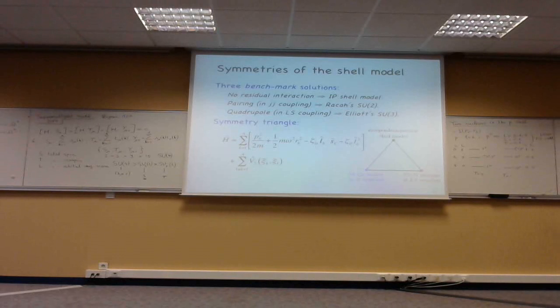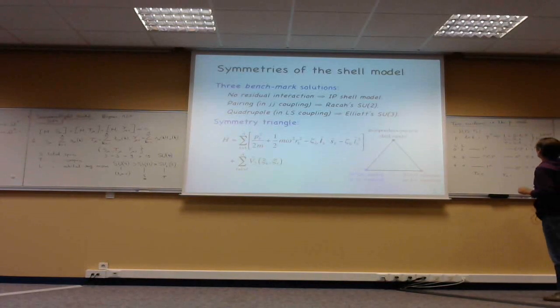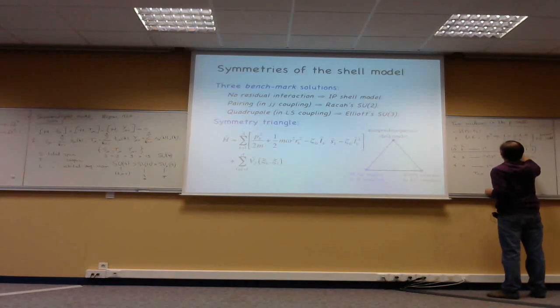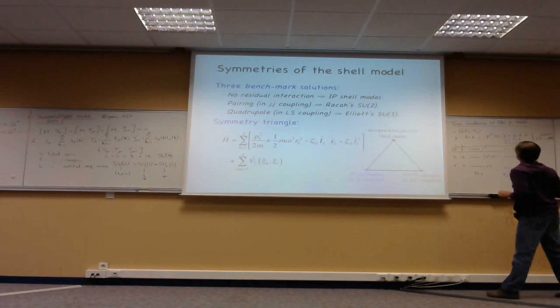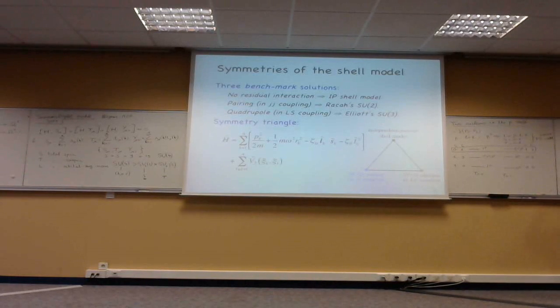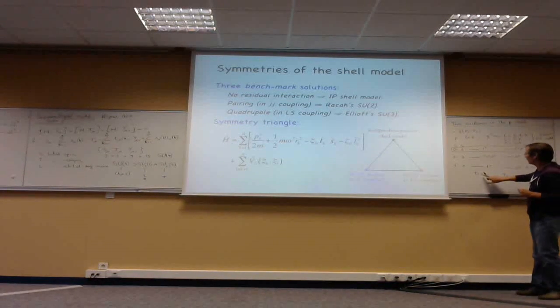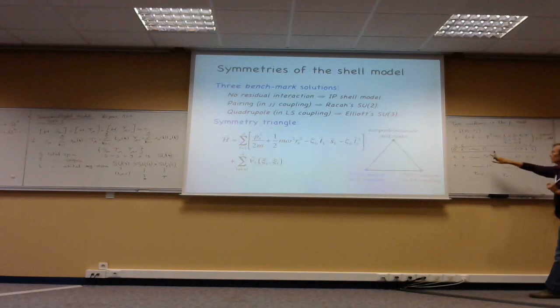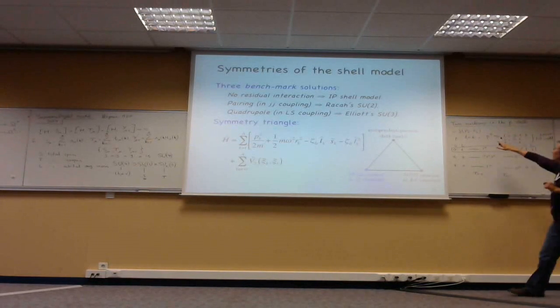Yes? There is one thing I don't know, but this one I do know. Because you see, S plus T is even, L is odd. It means the spatial part of the wave function is antisymmetric. I take a delta interaction.